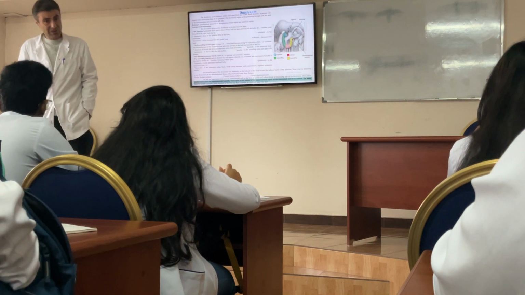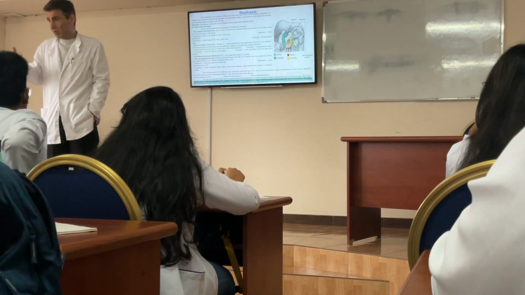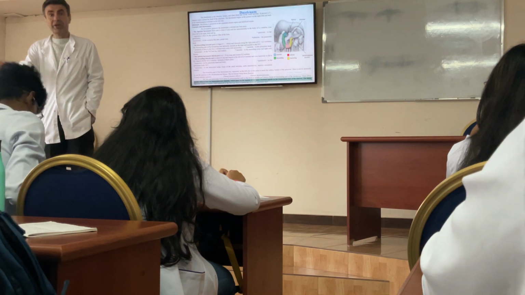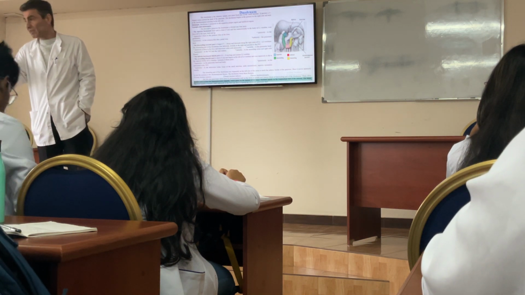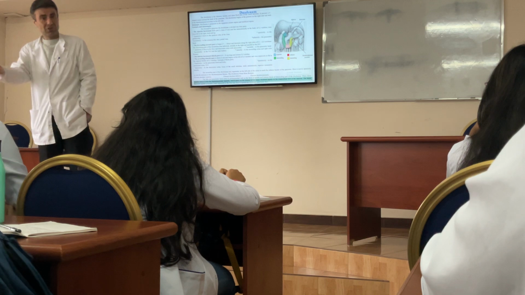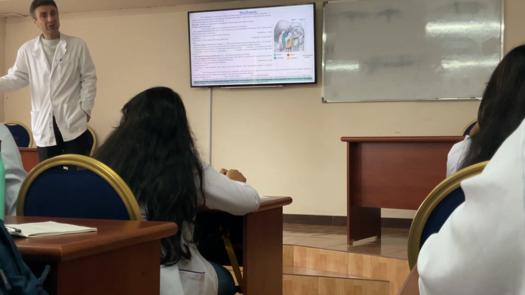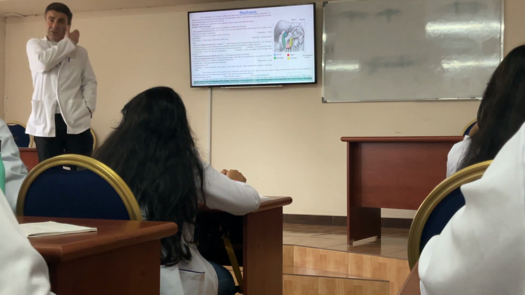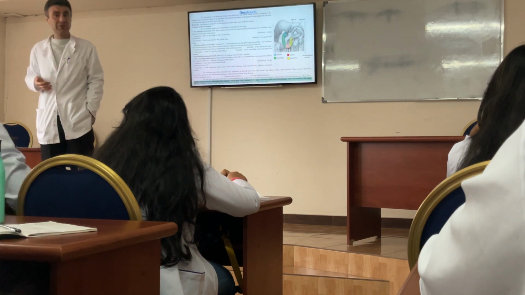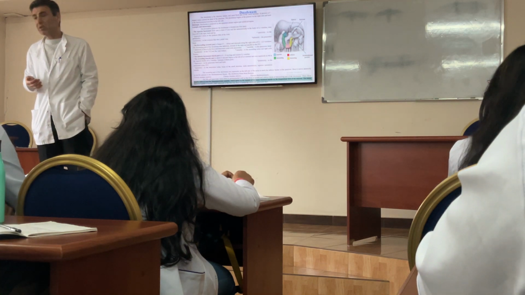Then I must understand that behind it I will have the inferior caval vein, so be very attentive during the resection manipulations. This is the biggest vein of the human body. And a little to the right of it, we will have the pelvis of the right kidney.